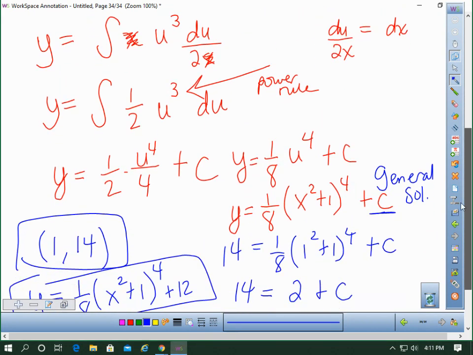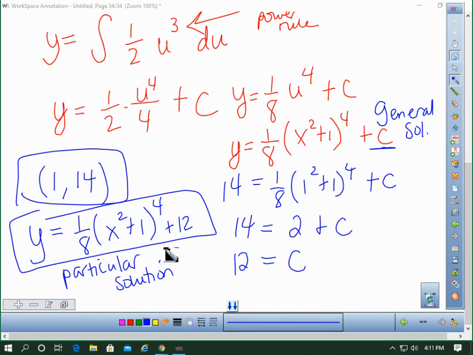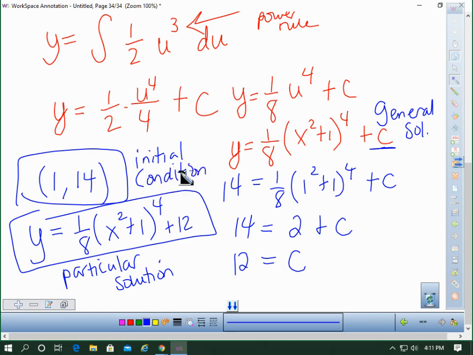All right, so then if I want a particular solution for this antiderivative, I have to be told some type of initial condition that I can plug into my general solution to solve for what c is, so I can get a particular solution or one specific curve that goes through the point 1, 14.